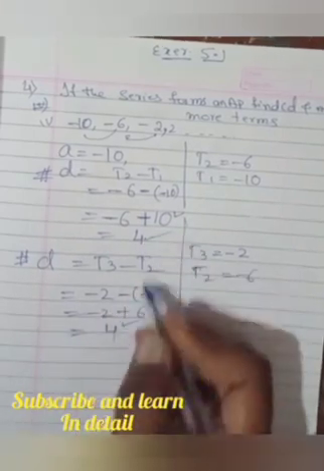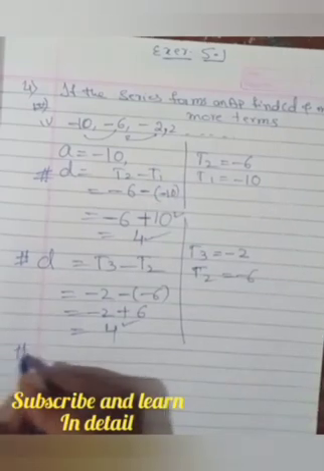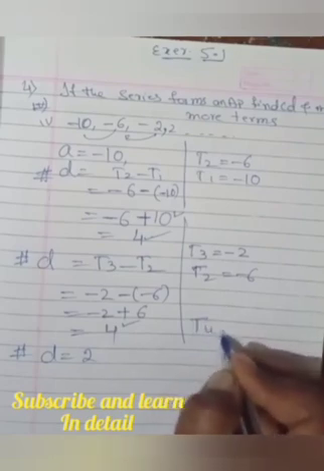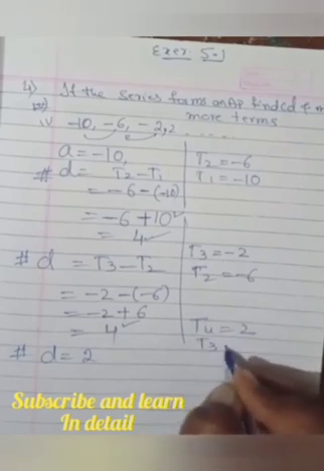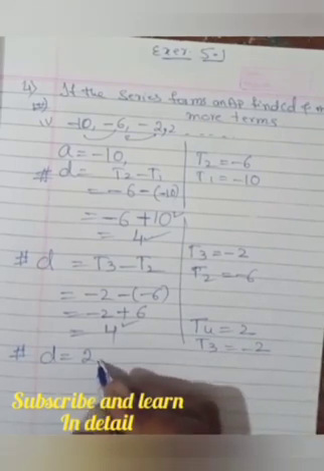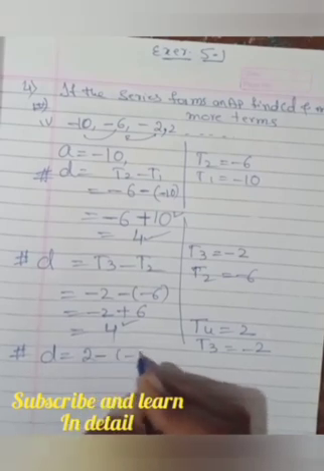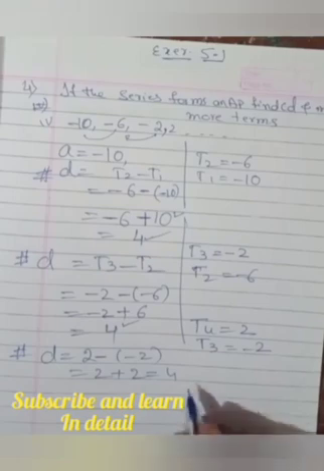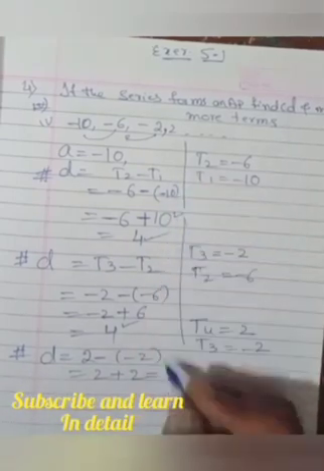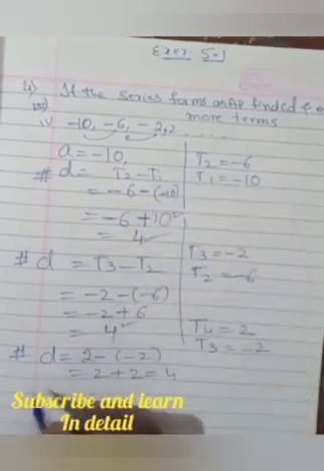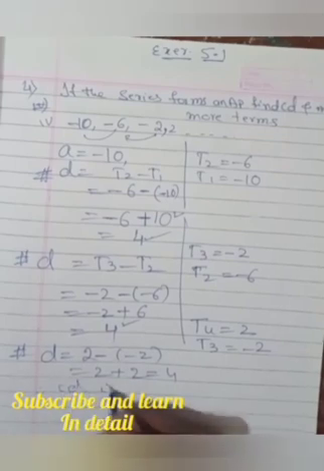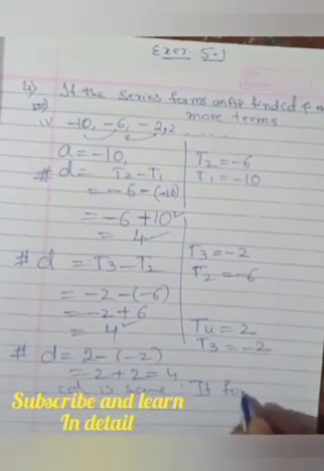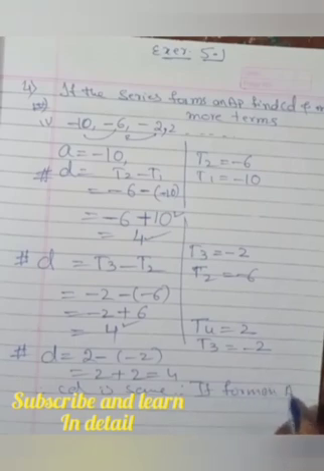Both the differences are same. Then we'll move to the next one. T4 is equal to 2 and T3 is equal to minus 2. Now 2 minus of minus 2, which is equal to 2 plus 2, that is 4. Very simple. So the common difference is same. Therefore it forms an AP.